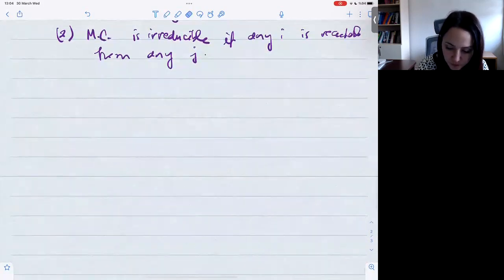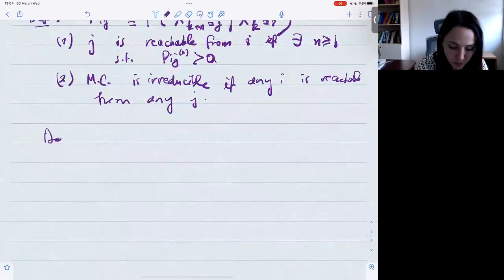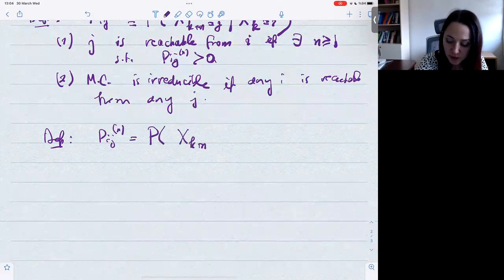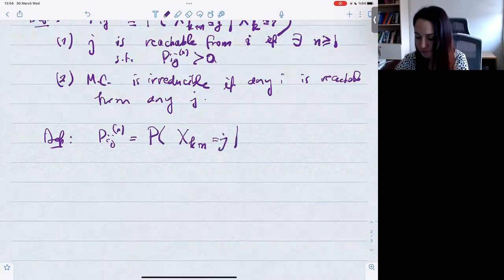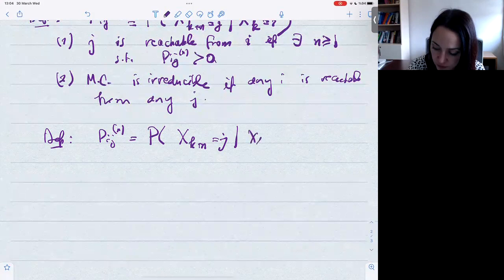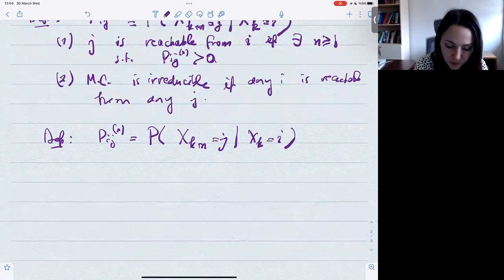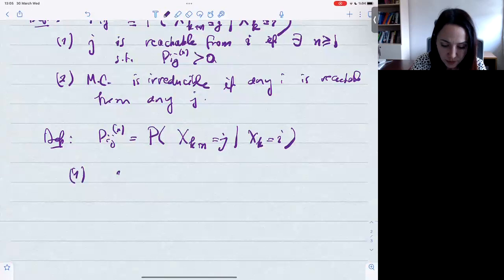Now, let's see another definition. So Pij(n) equals probability X(k+n) equals j given X(k) is i.